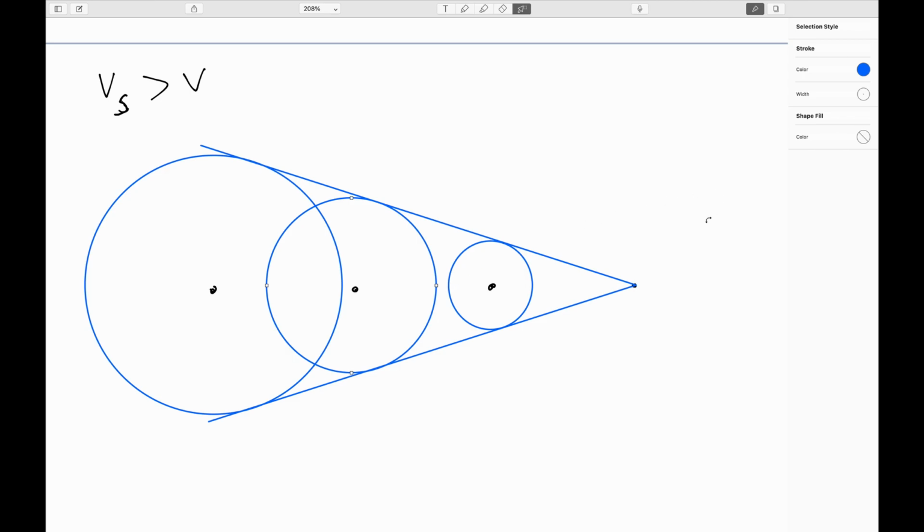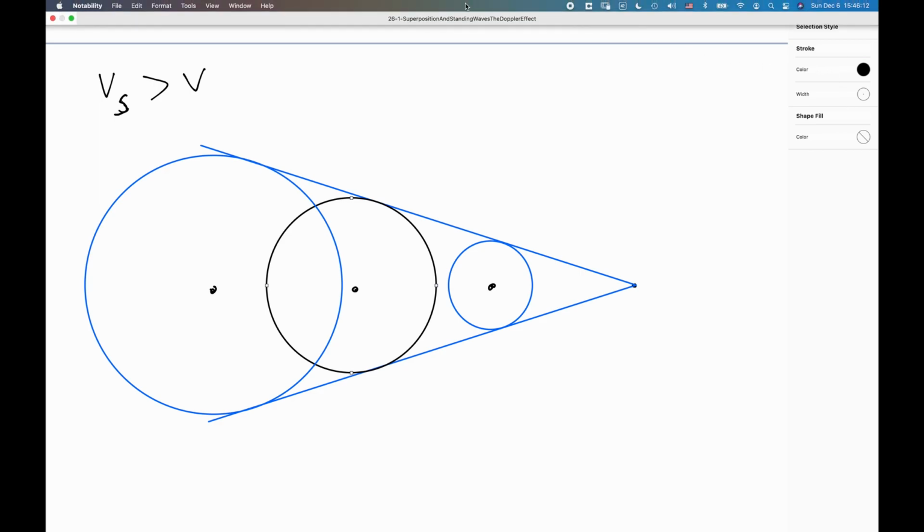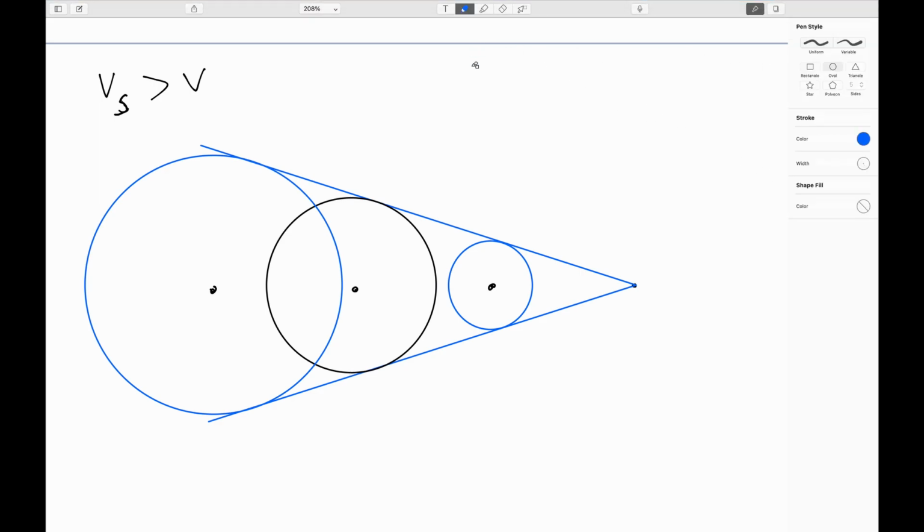So anyway, the deal is that all of these wavefronts pile up on what's called the shock wave of the system here. There we go.